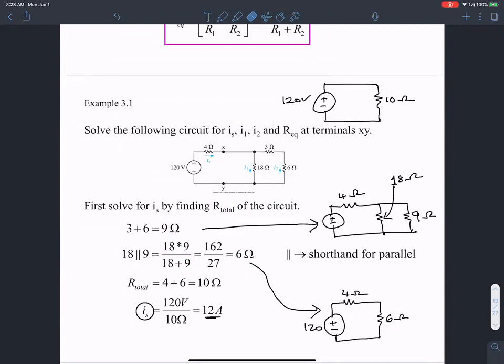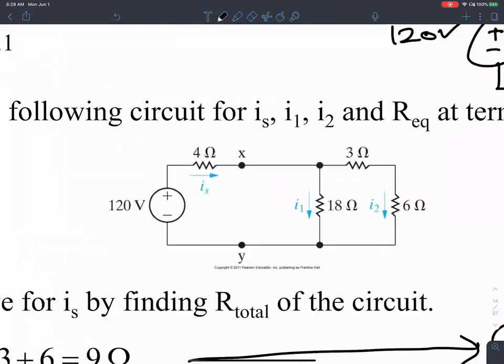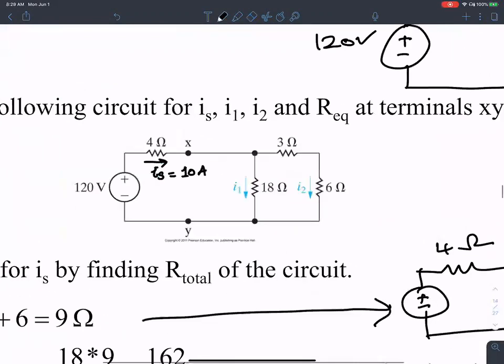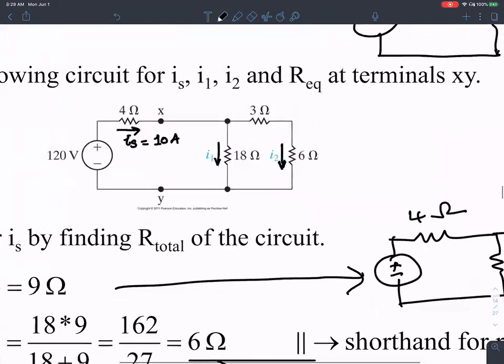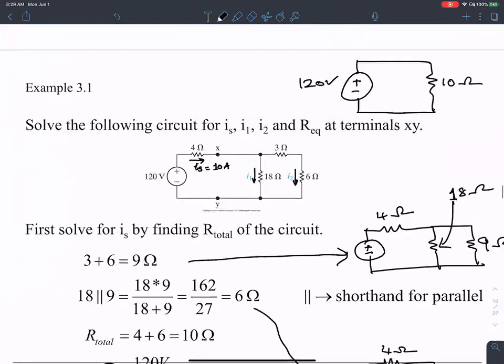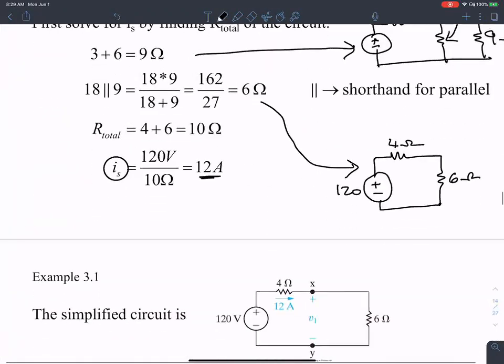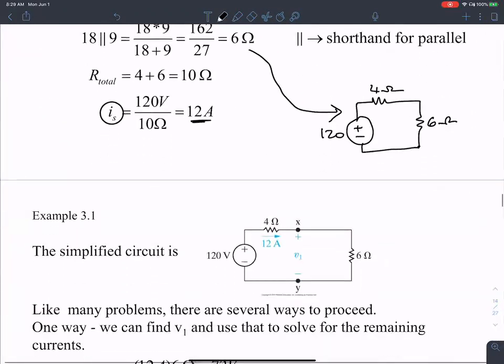Now, we found the value of IS. Let's see how that current is splitting between I1 and I2.